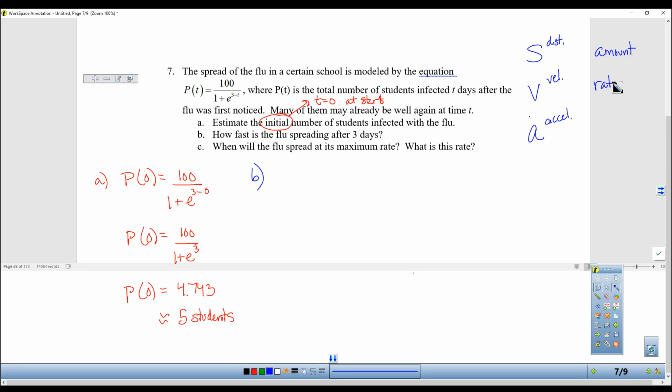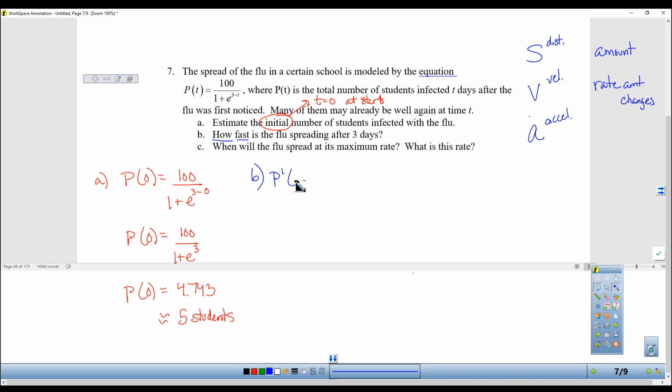This is the rate at which the amount changes. So if you have a distance, your velocity is the rate at which the distance changes. But if yours is people, if I take the derivative, I can give you the rate at which the number of people change. So when they say how fast, they want the derivative.